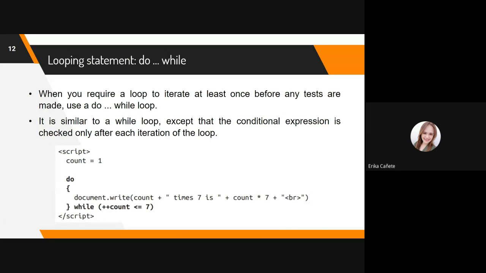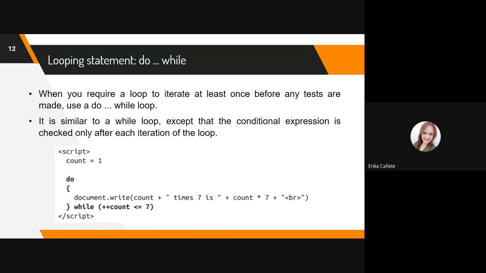Then we have our do-while loop. When you require a loop to iterate at least once before any tests are made, we use a do-while loop, which is similar to a while loop, except that the test expression is checked only after each iteration of the loop.